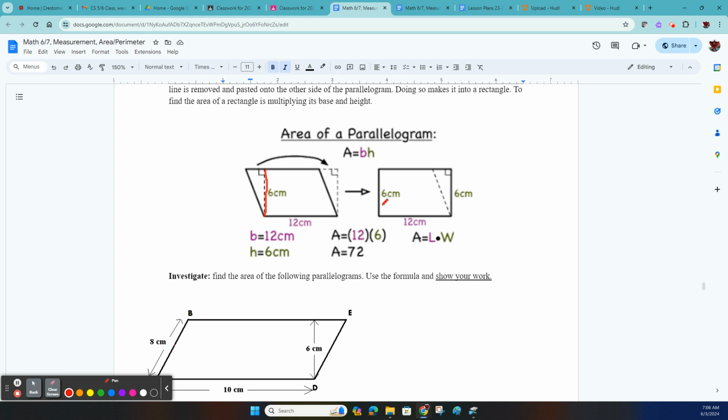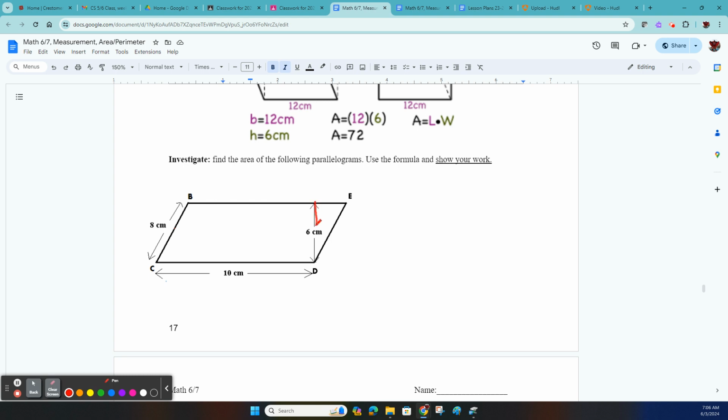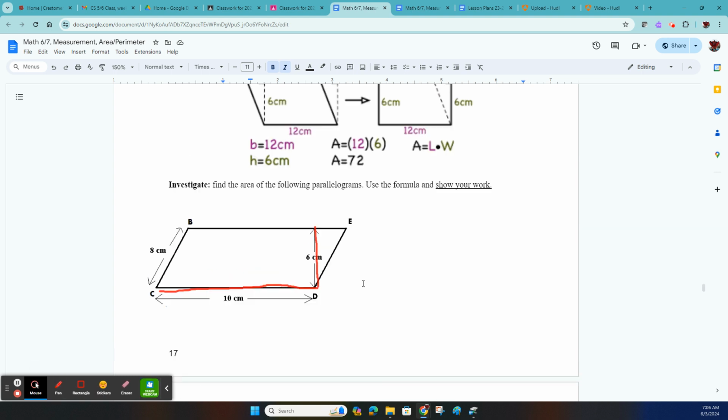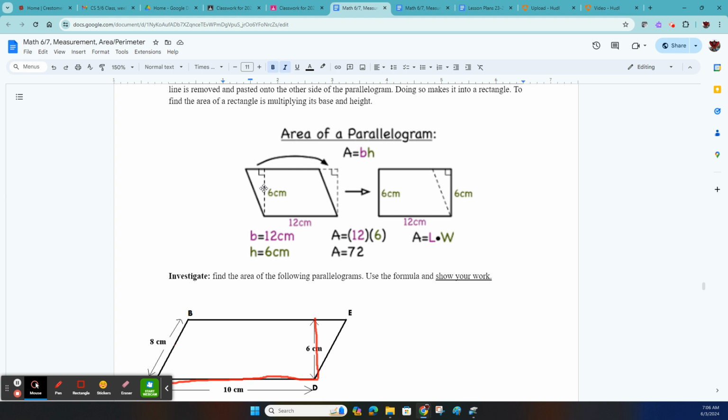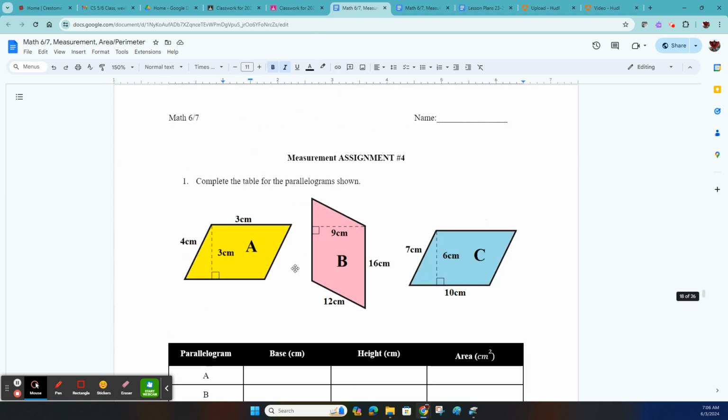And when it becomes a rectangle, yeah, you betcha, we can multiply the base and the height, and that's going to give us these perfect square units. So whenever you're multiplying your height of a parallelogram with your base, that's essentially what you're doing. You've chopped off that last little chunk, you've moved it over to the other side, and congratulations, you just created a rectangle.